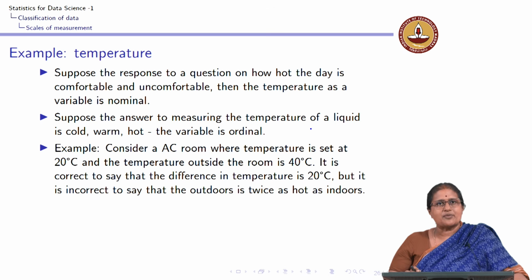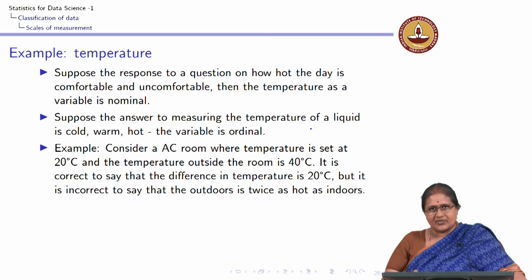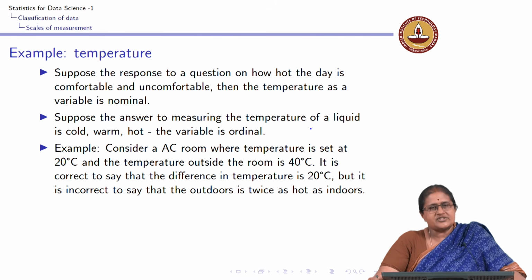But now suppose I am measuring the temperature. Consider an AC room which is set at 20 degrees centigrade and the temperature outside the room is 40 degrees centigrade. It is correct to say that the difference in the temperature is 20 degrees centigrade, absolutely fine.